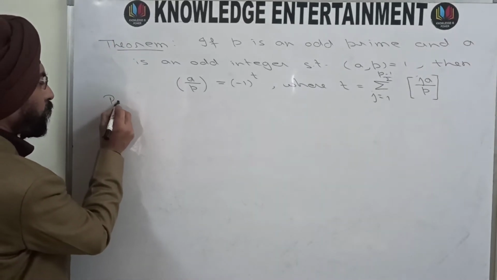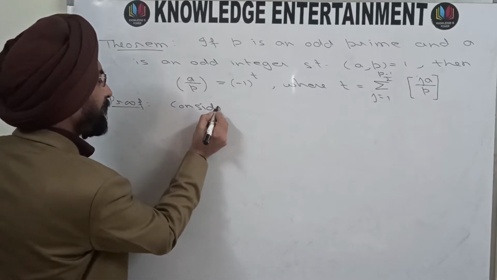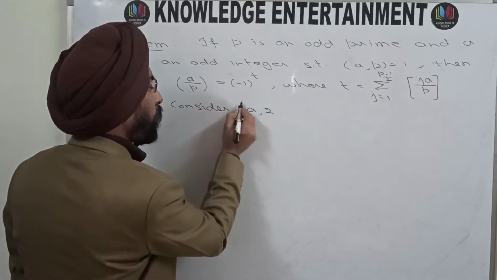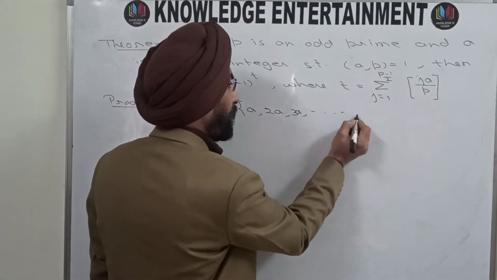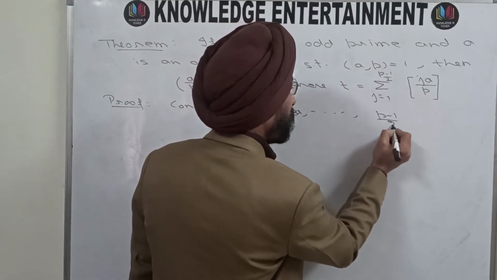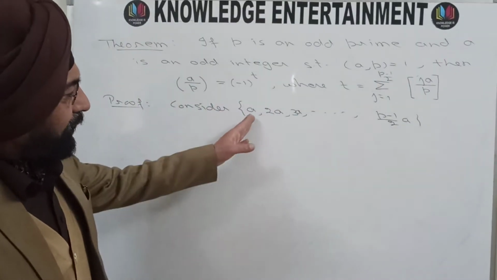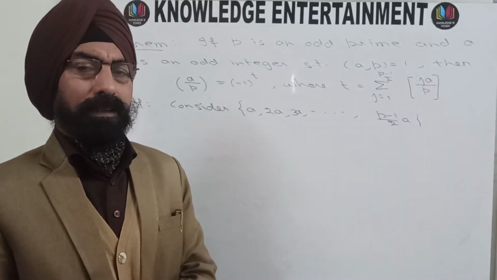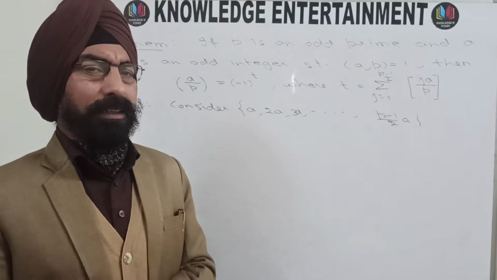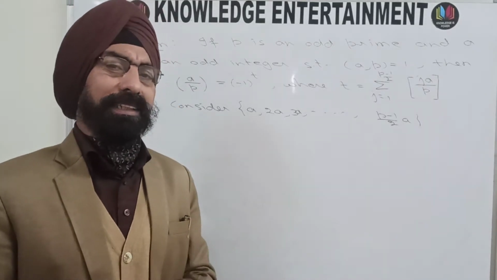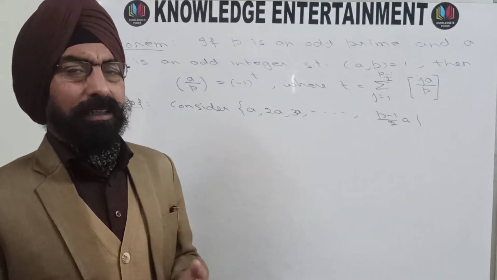For the proof, I am going to start. Consider this set: a, 2a, 3a and so on up to ((p-1)/2)a. Now when you divide these numbers by p, you will definitely obtain some remainder. Some of the numbers will give you a remainder that is greater than p/2 and some will give you a remainder which is less than p/2.